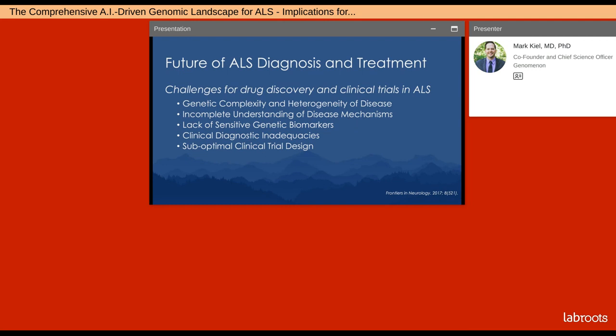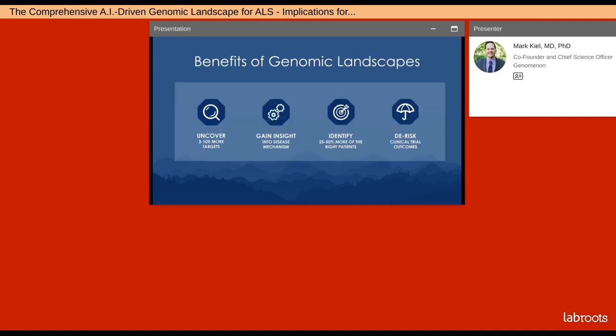And when in particular we're talking about the future of ALS diagnosis and treatment, all of these challenges culminate in a suboptimal clinical design paradigm, which in the future will lead to challenges to adequate treatment of these patients.